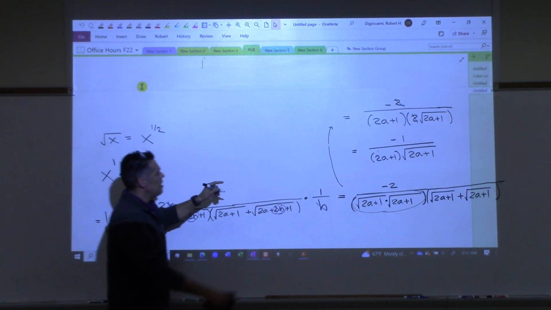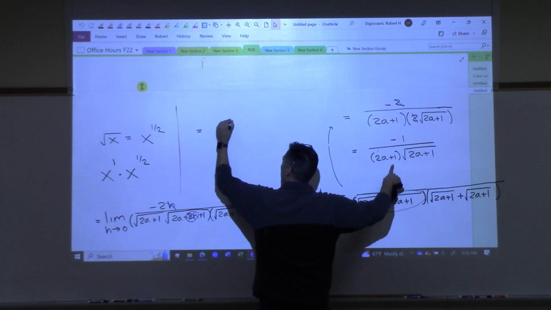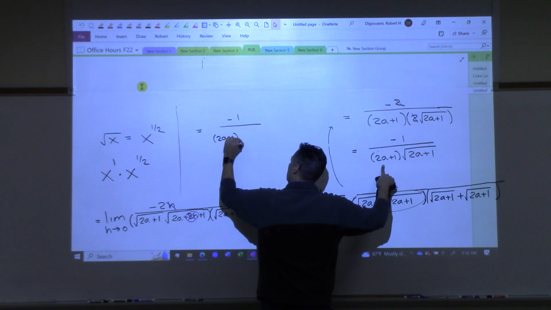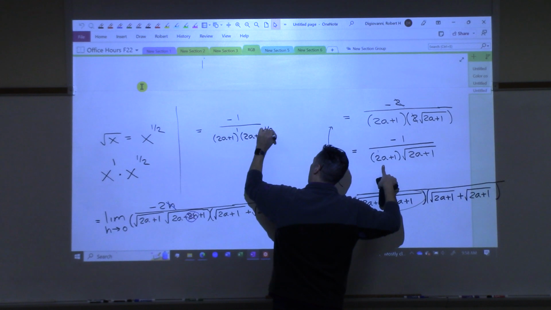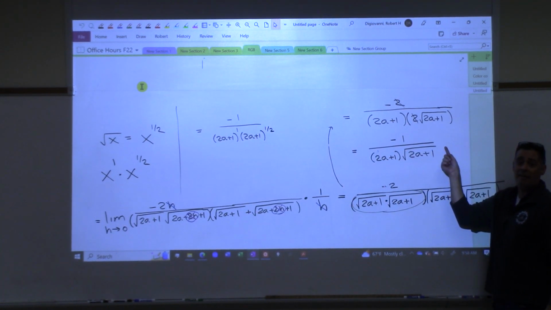So what I want you to see on this answer right here is that what we have is -1 on top, then I have 2a plus 1 to the first power times 2a plus 1 to the half power. Do y'all agree? 2a plus 1 to the first, 2a plus 1 to the half.